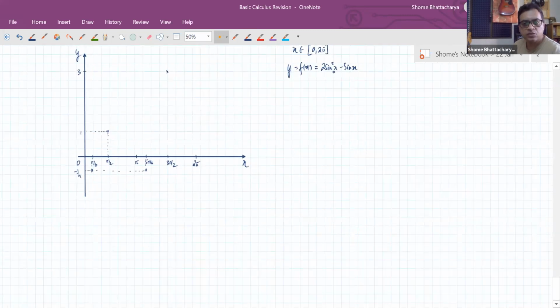You can see that at 0, the value of the function is 0. Then it dips to this minima. Then it increases to this local maxima here. Then again at pi, you can see it will become 0. So probably it has a more relaxed kind of slope here.